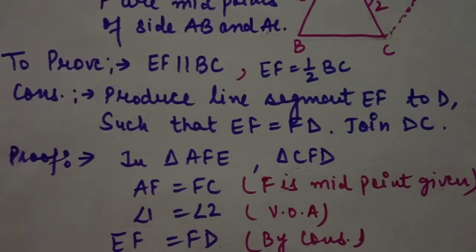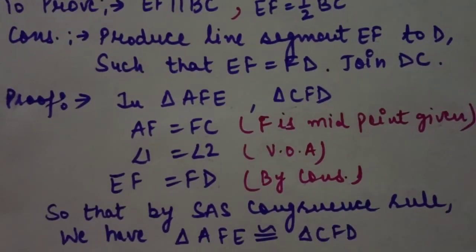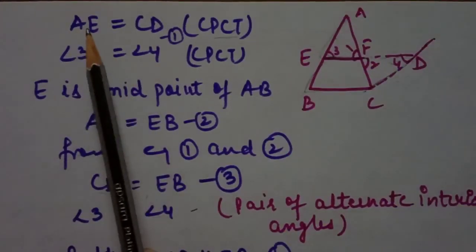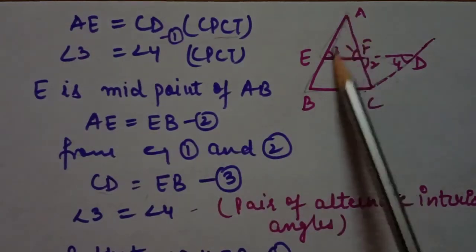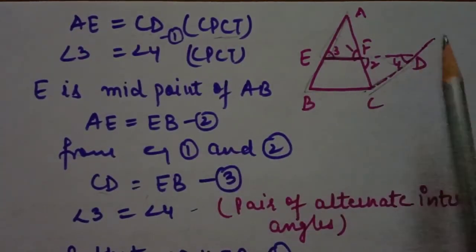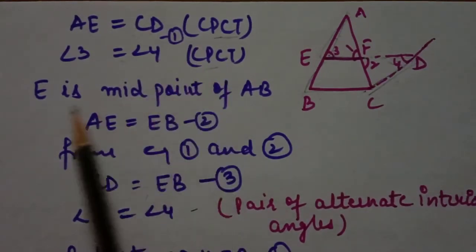EF and FD are equal by construction. So by the SAS congruence rule, triangle AFE is congruent to triangle CFD. Because these two triangles are congruent, AE and CD are equal to each other by CPCT. Angle 3 and angle 4 are also equal to each other by CPCT.